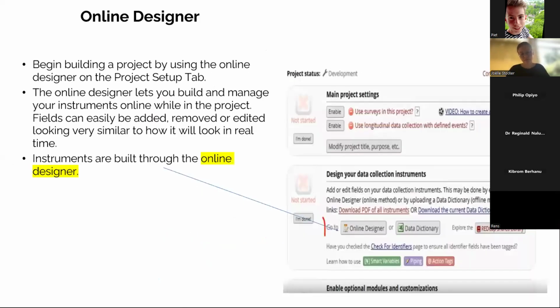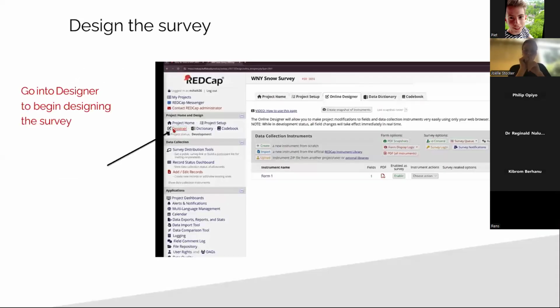Even though we can manage through this online designer, we can make modifications, add, remove, edit some variables. That is good to address before we change our tool to production mode or start the collections.